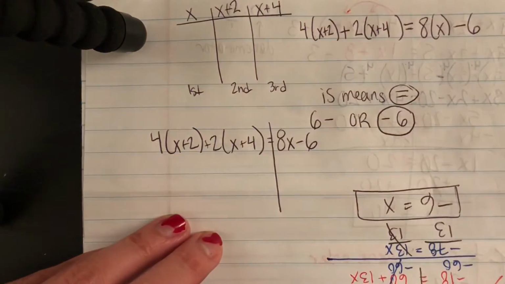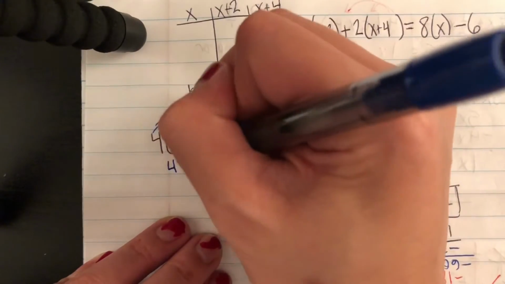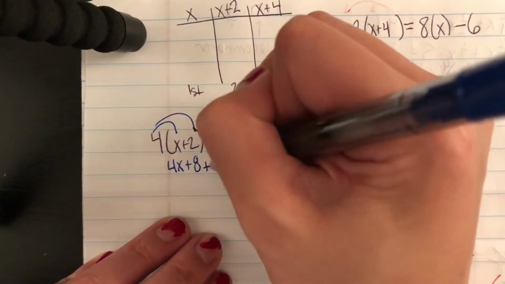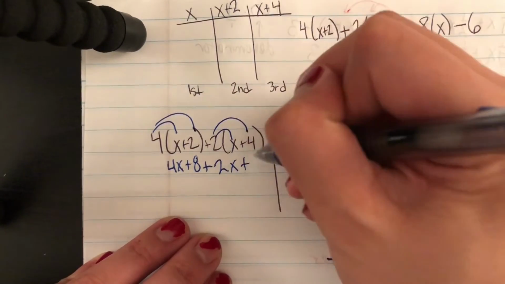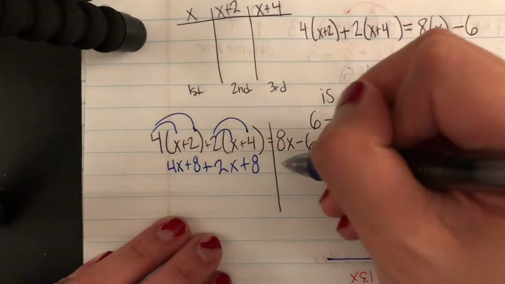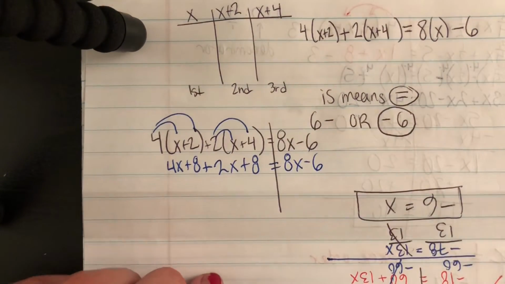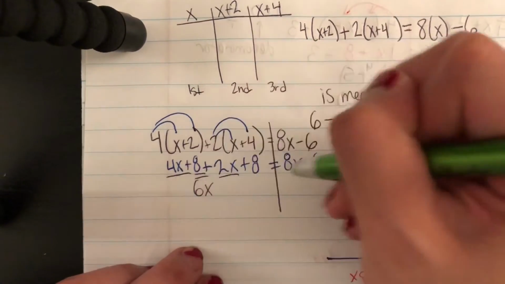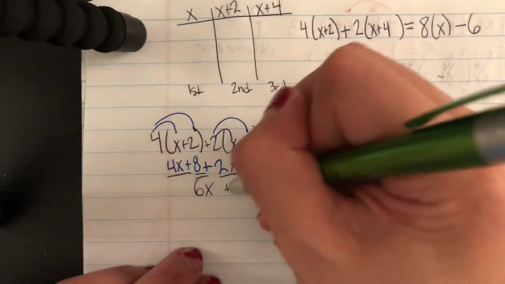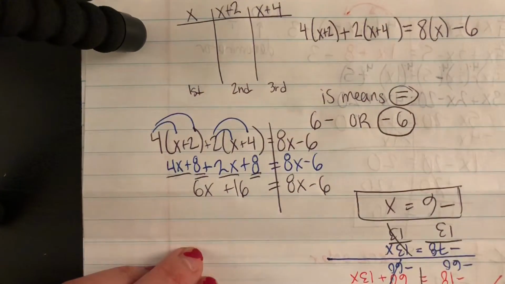All right, and now I'm ready to solve. I distribute this: 4x plus 8 is added to 2x when I distribute it. Over here, I have 8x minus 6. I can combine some like terms. 2x plus 4x is 6x, and then 8 and 8 is 16. On this side, I have an 8x minus 6.